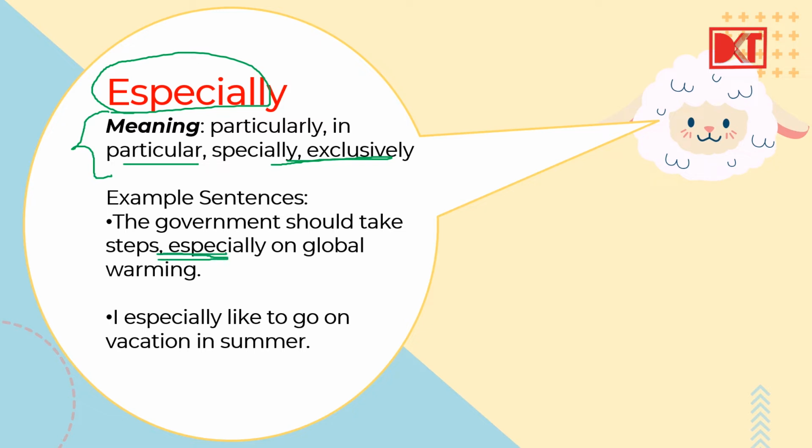Now this sentence means that the government needs to take steps for many things, but specially, मतलब special importance देनी है for global warming. Then another sentence, I especially like to go on vacation in summer. मतलब मेरे को वेकेशन पे जाना तो पसंद है, पर particularly, पर exclusively summer में तो बहुत ही पसंद है. तो especially like to go on vacation in summer. Right? So ये another adverb, exclusively.